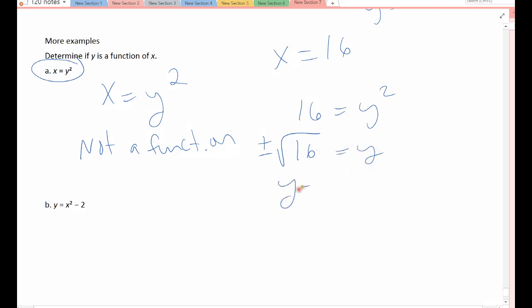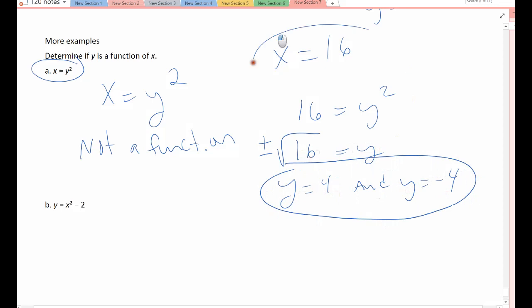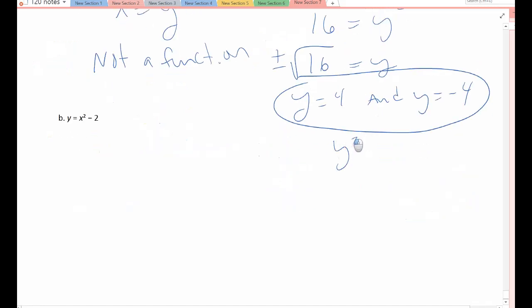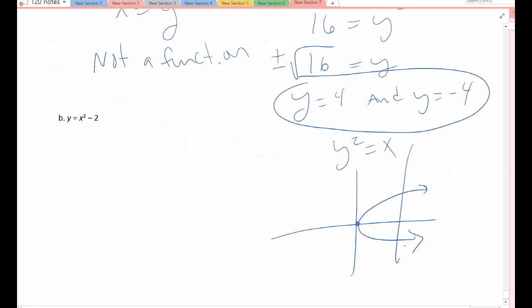Plus or minus means there are two answers: the positive square root of 16, which comes out 4, and the negative square root, which comes out negative 4. So there are two y values paired with my one x value. It fails that last definition. If you were to look at this graphically, the y squared is a parabola that's opening up sideways, and so it fails the vertical line test.